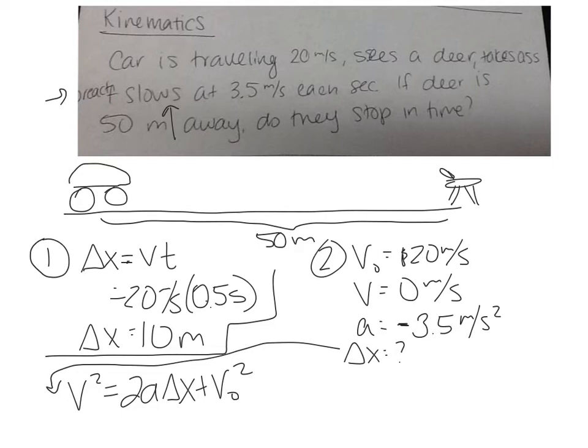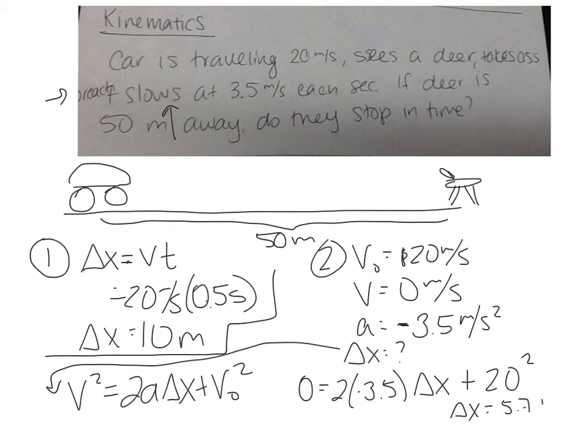So plugging in my numbers, I have 0 equals 2 times negative 3.5 times delta x plus 20 squared. All right, so we solve that out algebraically, and we get delta x equals 5.7 meters. Okay, so that's how far the car traveled during the second part of the motion.